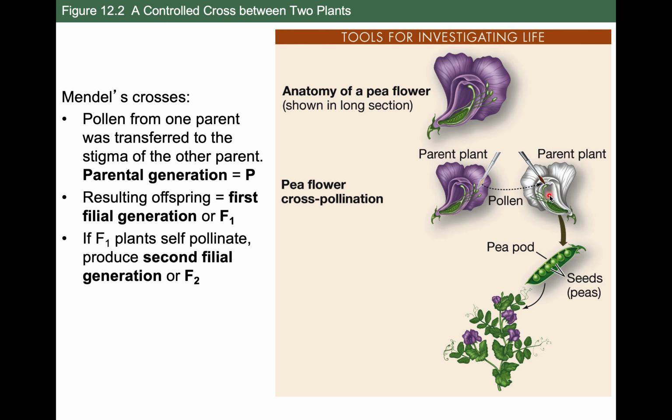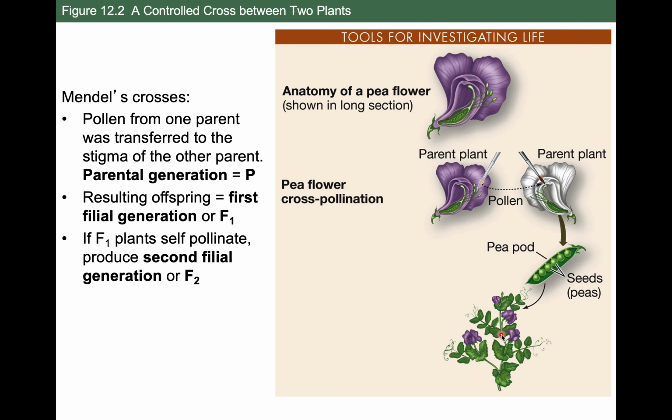And he would also have to kind of go in and snip off the female part from the plant that he didn't want to allow to self-fertilize. So he's basically taking sperm from the purple plant here and using it to manually fertilize the white plant. And then that fertilized flower is going to turn into a pea pod with the pea seeds inside.